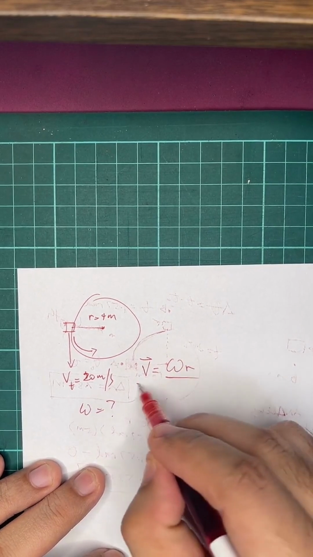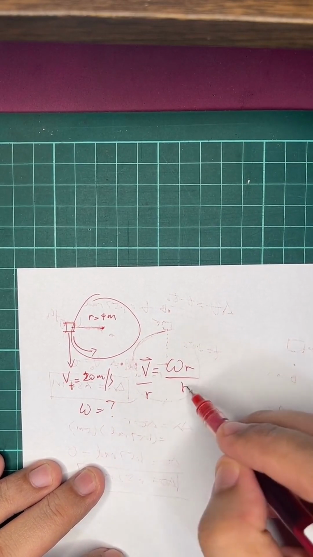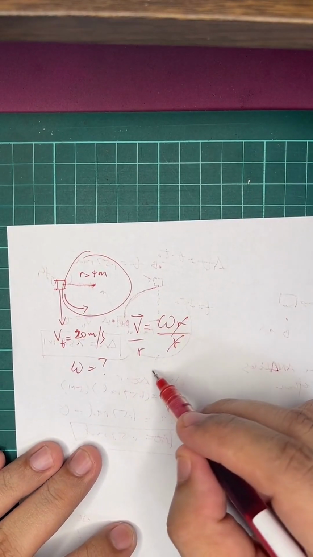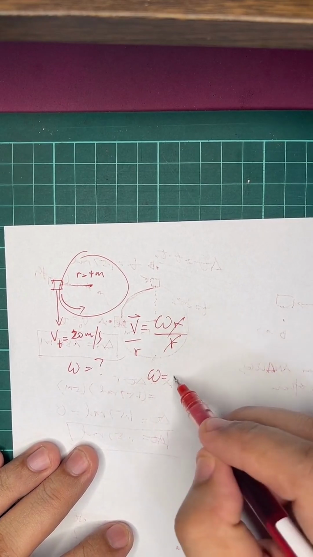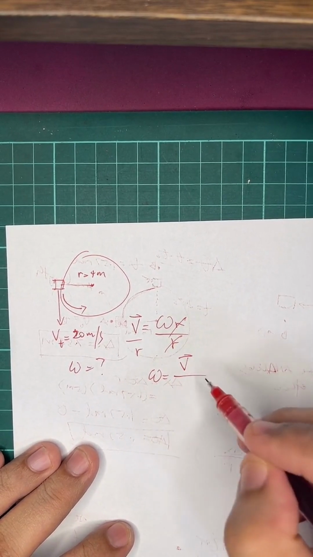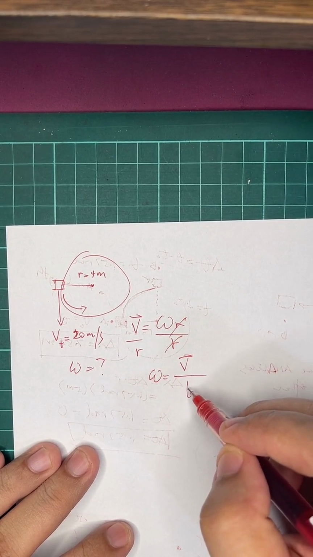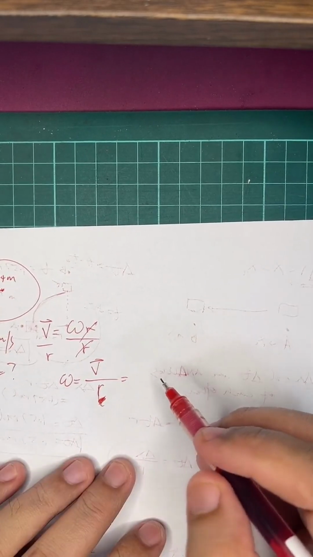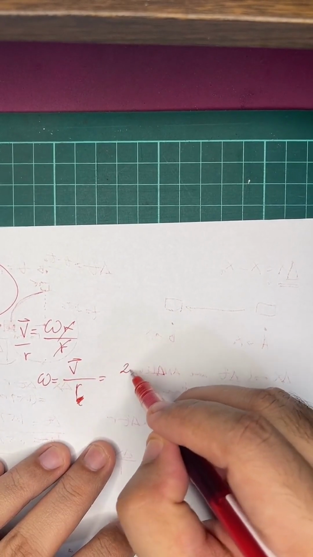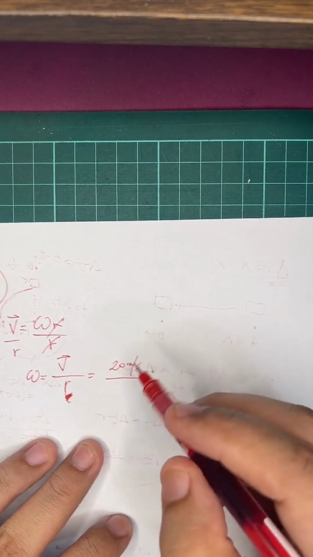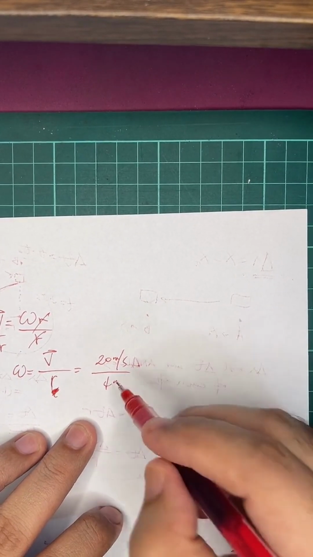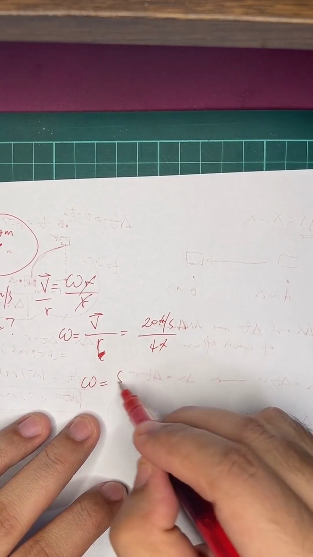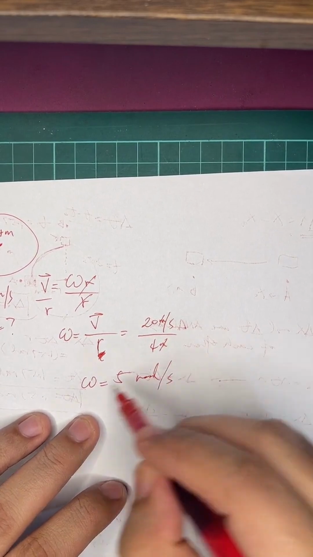Then we simply divide both sides by r, and we will be left with the equation omega equals v over r, or simply 20 meters per second over 4 meters. We will cancel meters, and our omega would be equal to 5 radians per second.